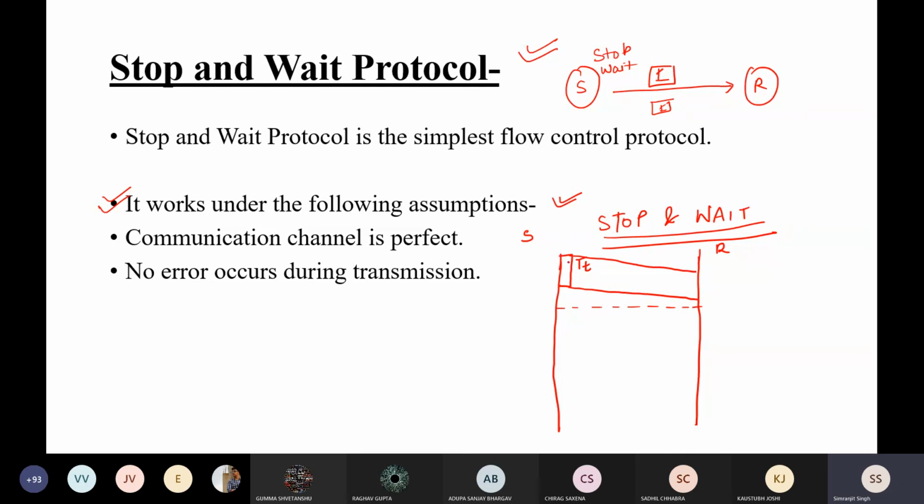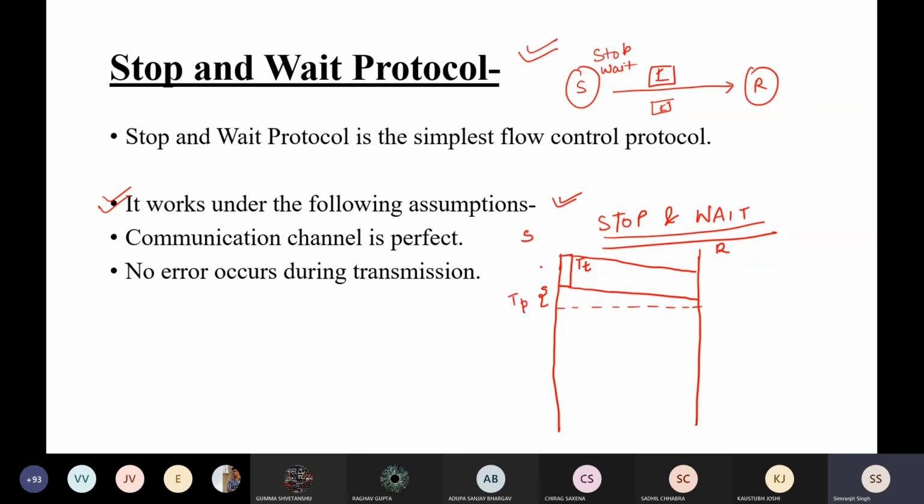The time required for it is tt, and it has waited for this much time. This particular time is the time that the last bit of the packet reaches the receiver, so I'm calling it the propagation time.